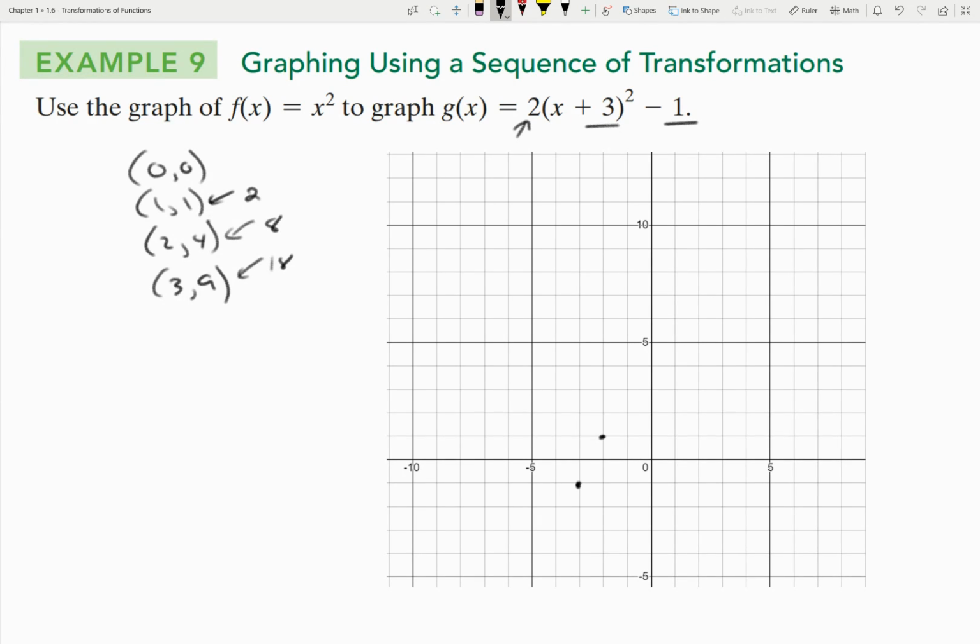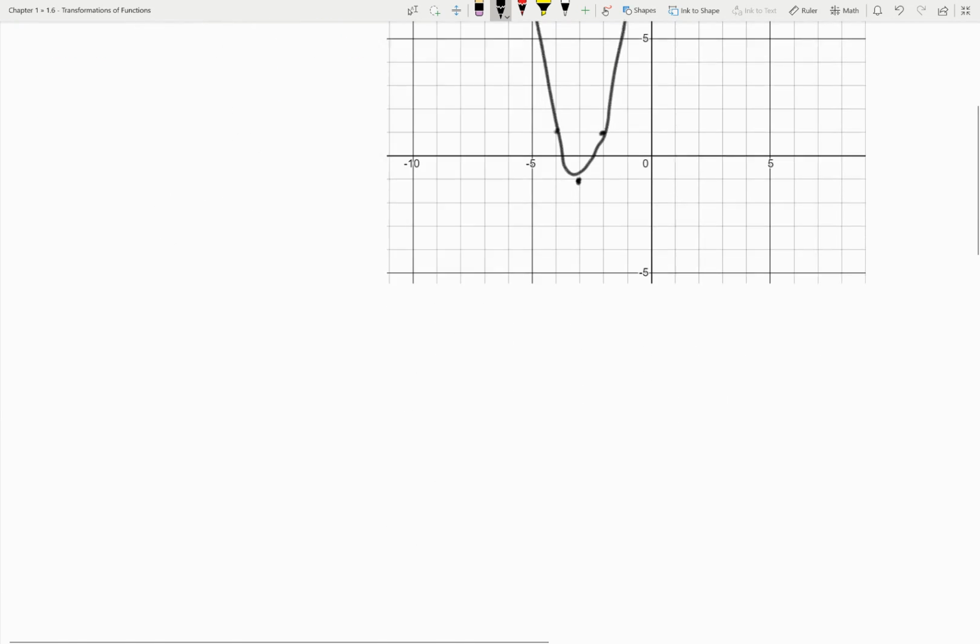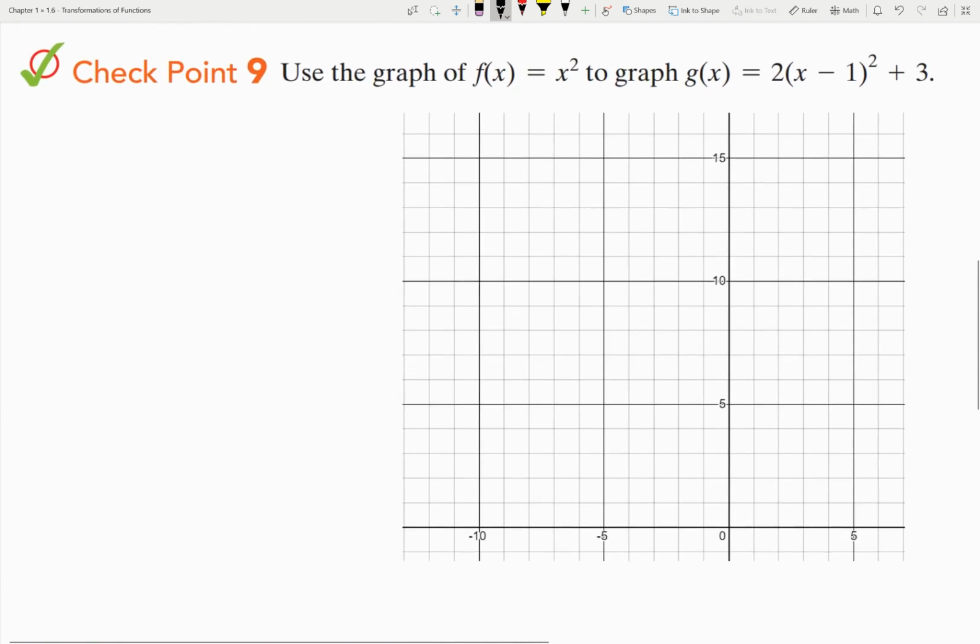So from the vertex, I would count right 1 up 2, right 2 up 1, 2, 3, 4, 5, 6, 7, 8, and we're not going to have room for 18 there. And then because this is a parabola, I know it is symmetric, and now I get a nice graph like that.